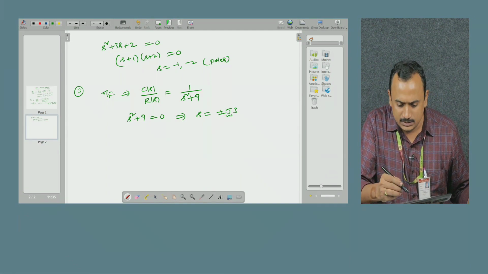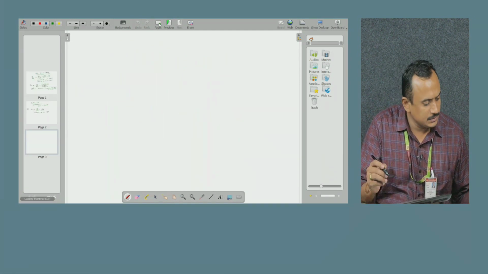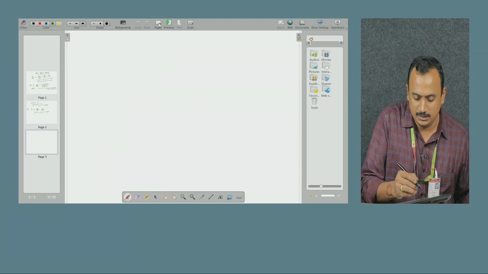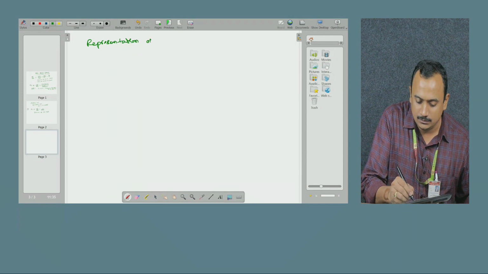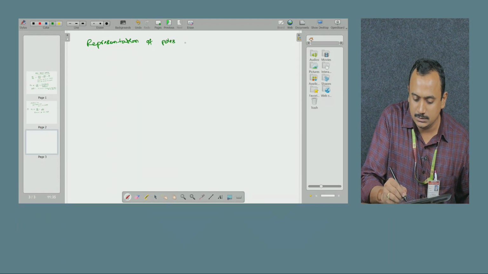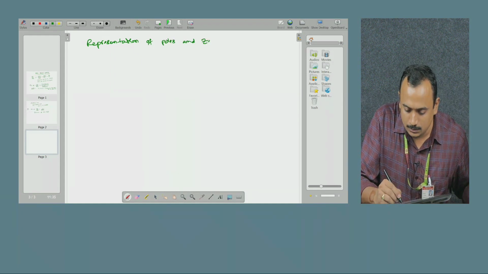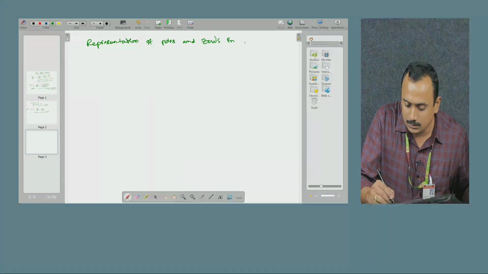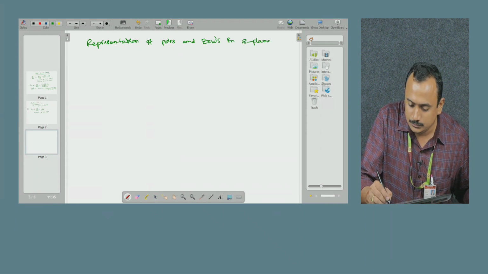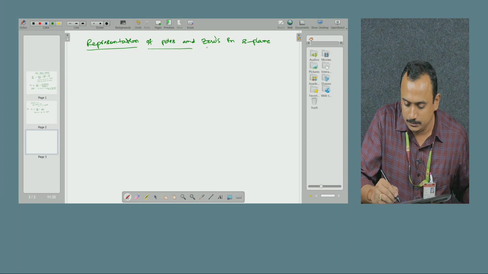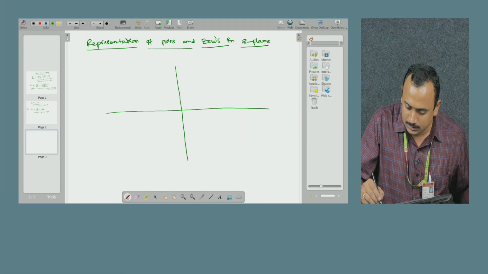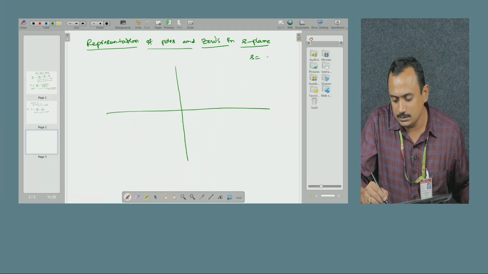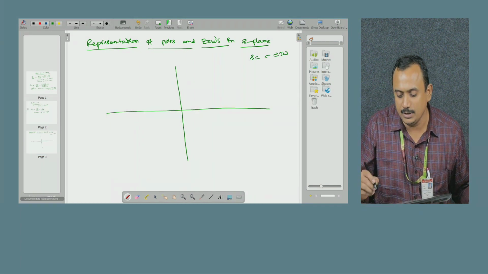Now the next topic is how to represent these poles and zeros on the S plane. Representation of poles and zeros in S plane. The S plane is sigma ± j omega.